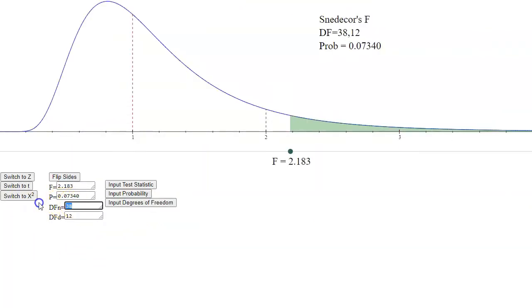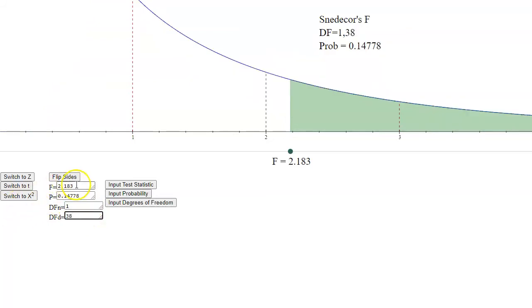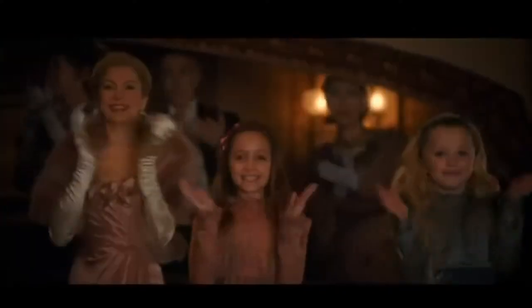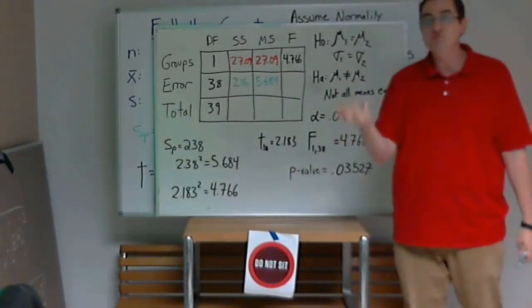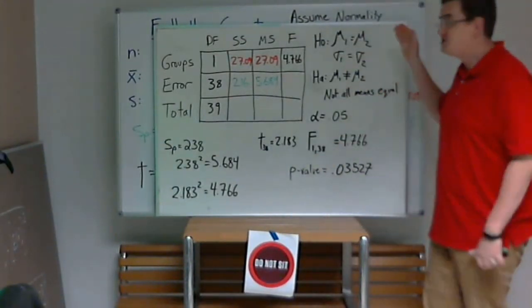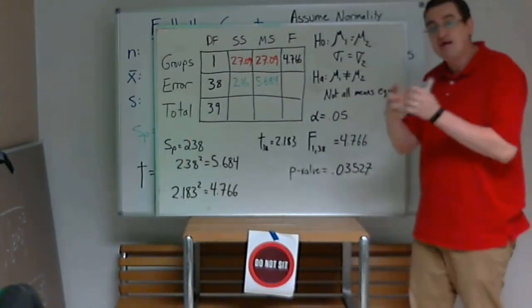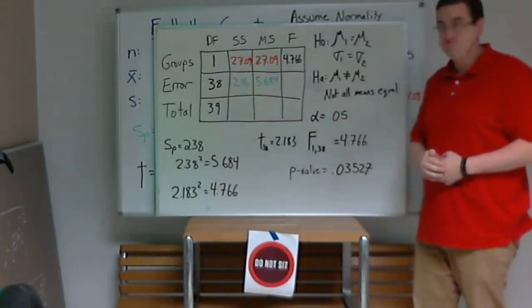And now on the F distribution, 1 and 38 degrees of freedom with the F score of 4.766, 0.0352, well, there's rounding, but they're the same p-value. Isn't that exciting? It's doing the same thing. Anova and the pooled test are the same. It's just that the Anova expands the pool test to more than two means.